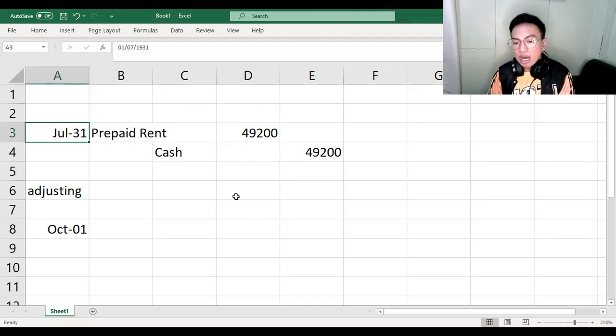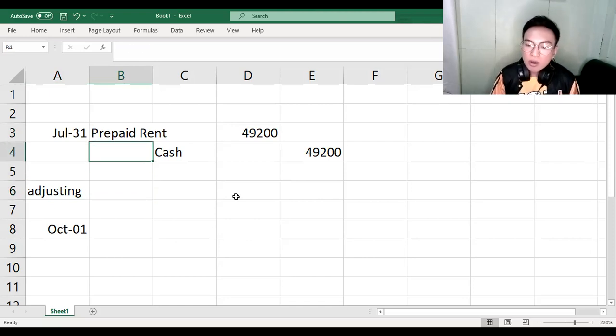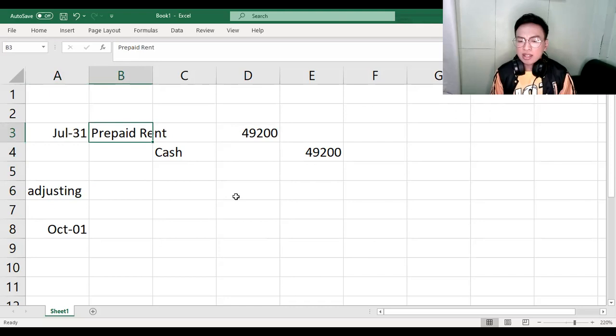Okay? So, how do we adjust for the prepaid rent? Sabi nga natin, nagiging mix ang mga accounts if not totally nakukonsume itong prepaid rent na binayad natin. Okay? An asset, kapag nagamit na, it loses the characteristic of future economic benefit.